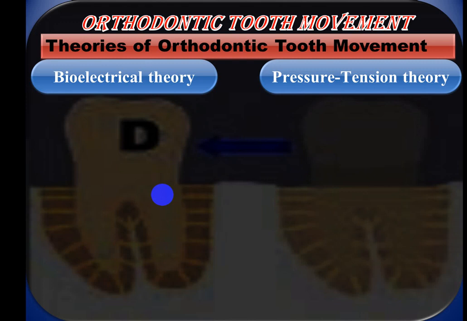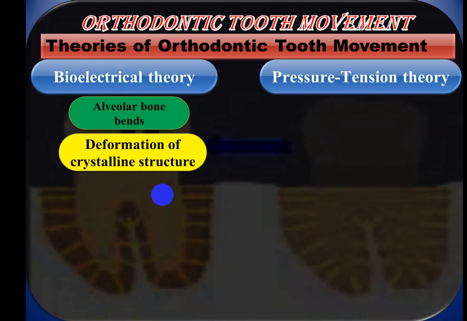After the application of force to the tooth, what happens according to the bioelectrical theory? Firstly, the alveolar bone bends in response to the applied force. As a result of this bending, there is a deformation of the crystalline structure, like the hydroxyapatite crystals and the collagen fibers.